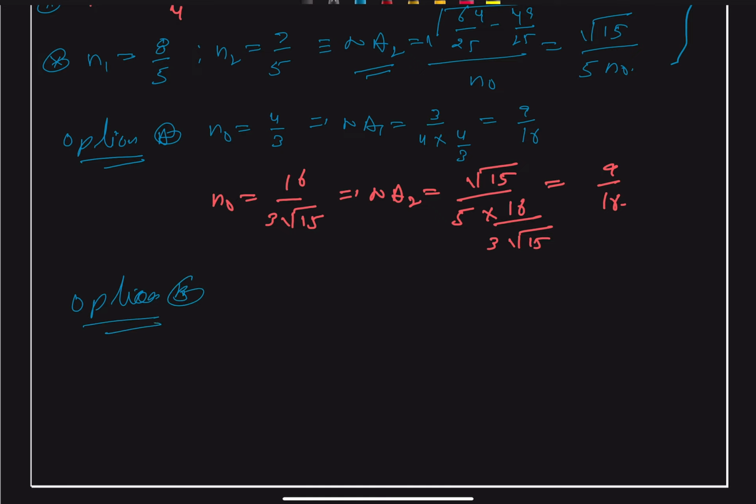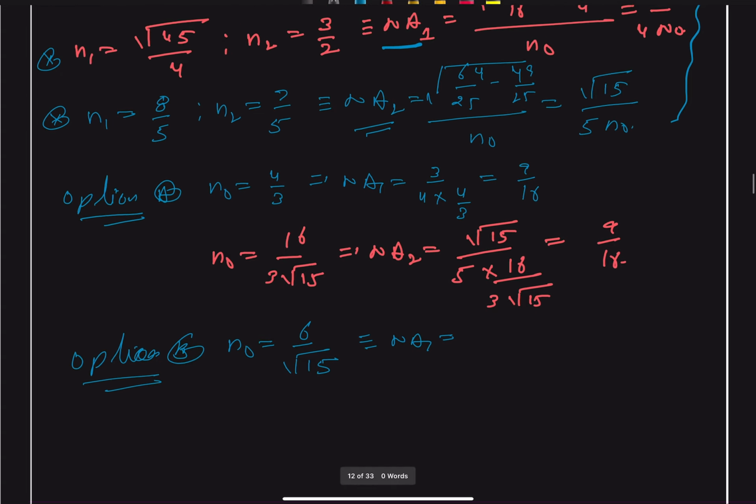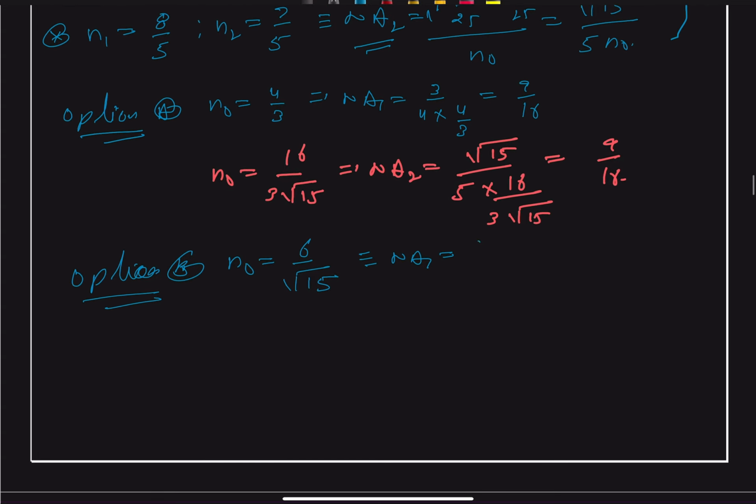In option B, we are given that our n0 is equal to 6 upon square root of 15. So this gives us that our Na1 will be equal to 3 by 4 multiplied by the square root of 15 divided by 6.